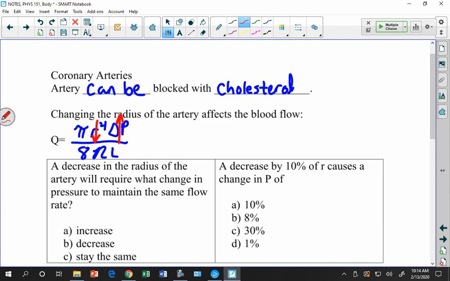And it can go up by a lot. So if r is halved, for example, I will multiply my change in pressure by 16, because one half to the 4th is 1/16. Okay? 2 times 2 times 2 times 2 is 16.